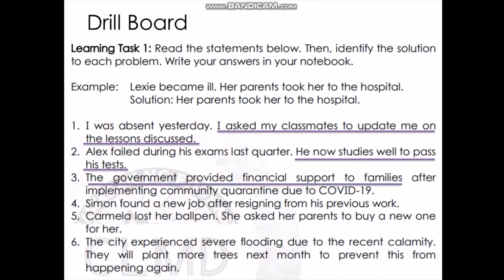The correct answer, the government provided financial support to families. That is the solution, because the problem is implementing community quarantine due to COVID-19.